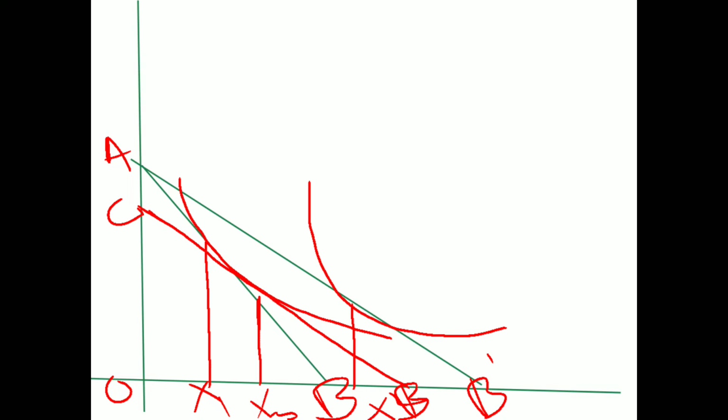Here we can measure the substitution effect and the price effect. The whole total is the price effect, and it is the substitution effect and it is the income effect.